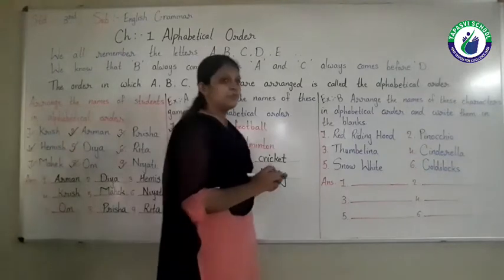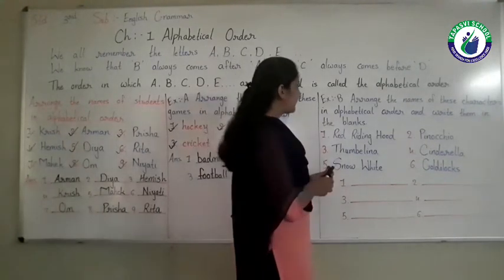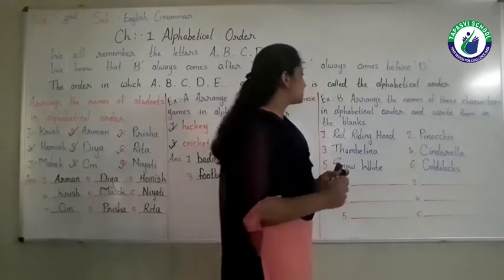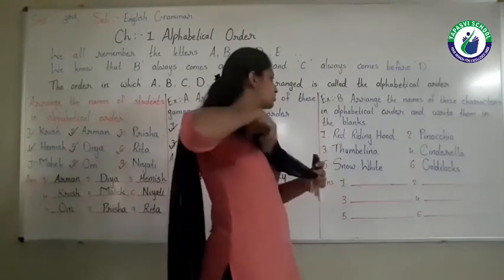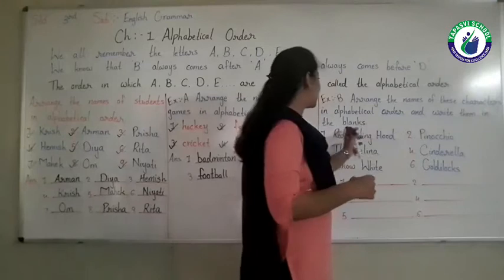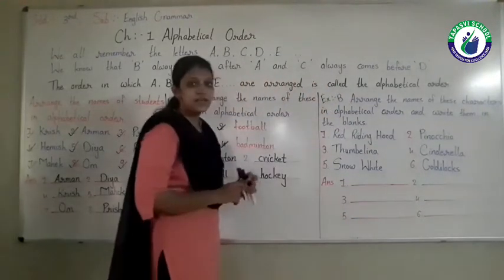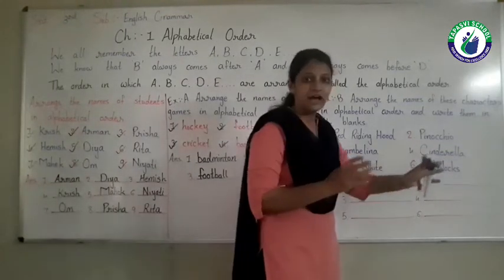Now we will move forward on exercise B. Arrange the names of these characters in alphabetical order and write them in the blanks. Here there are 6 names of characters given.